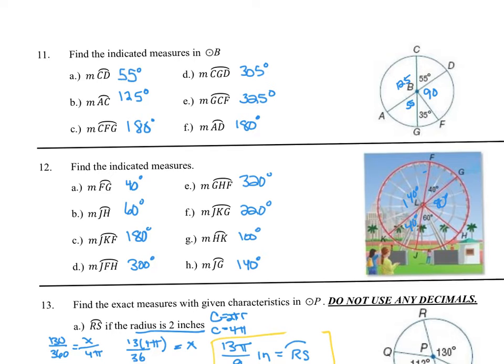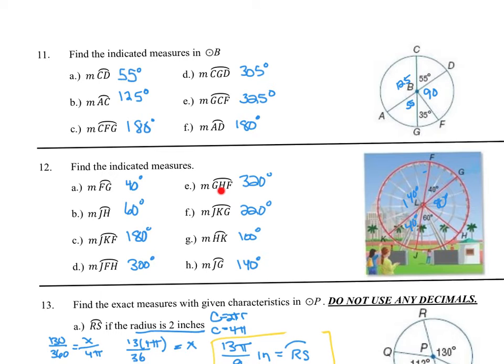JKF would be that arc there, which is 180. JFH is a major arc, and it's going to be 300, because from here all the way to here would be 300. There's the extra 60, so we're going to say that's 300.